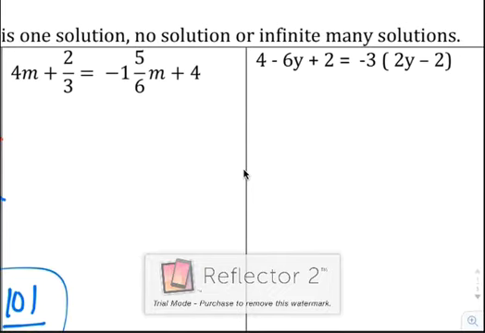It's 24 minus 4 minus 4. 20 equals 35m. Divide by 35. M equals 20 over 35, one solution. Or divide both by 5, you get 4 over 7. One solution. This is called one solution.